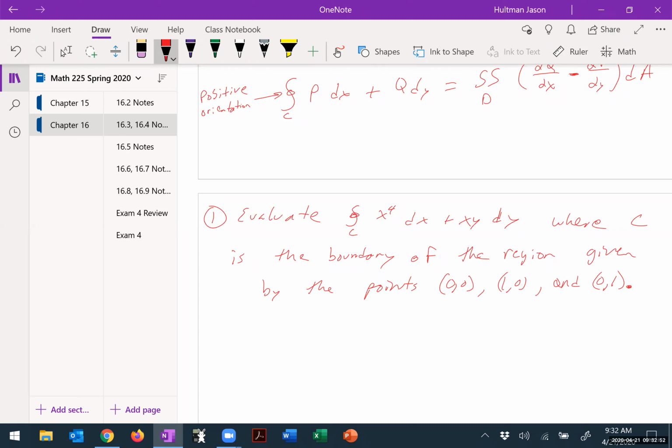I'm going to evaluate this using Green's theorem, because it's a lot easier using Green's theorem than trying to evaluate it without it, especially since we have the setup, dx dy.